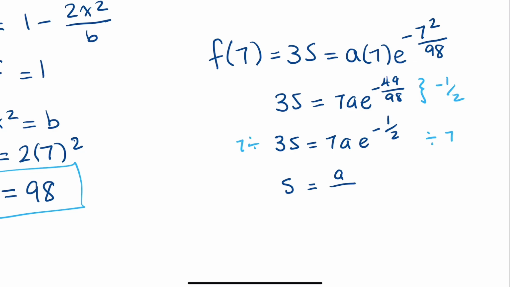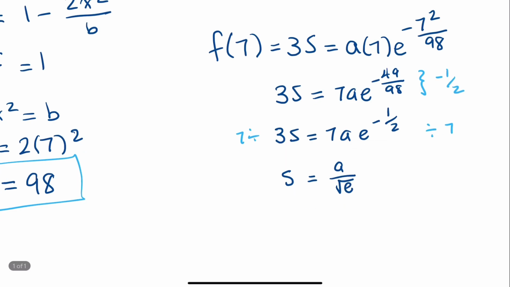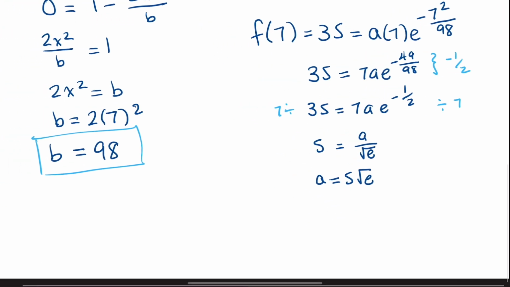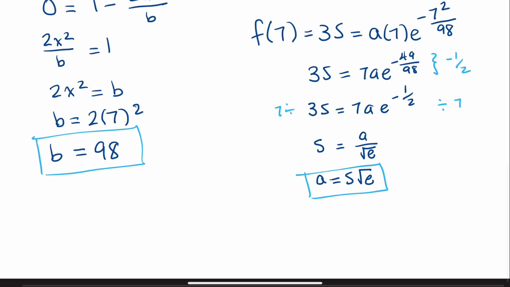This gives me 5 equals a divided by the square root of e. And then solving for a, we get a is equal to 5 root e. And so therefore, we can say that a is equal to 5 root e and b is equal to 98.